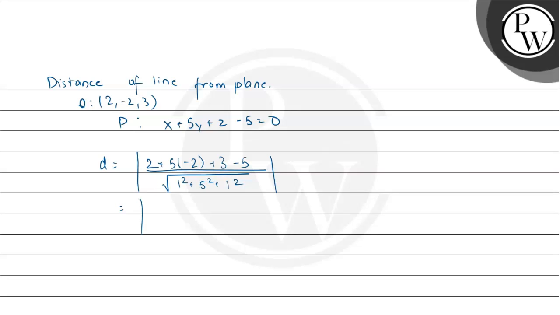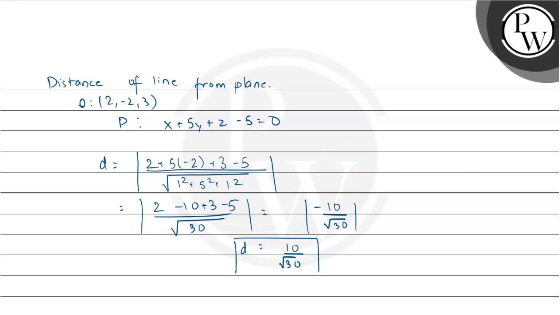So this is 2 minus 10 plus 3 minus 5 upon under root of 30, which is minus 10 upon under root of 30. Now note that we have taken a modulus of this, and after taking modulus we obtain a final answer to be 10 upon under root of 30. So this is our distance of the line from the plane.